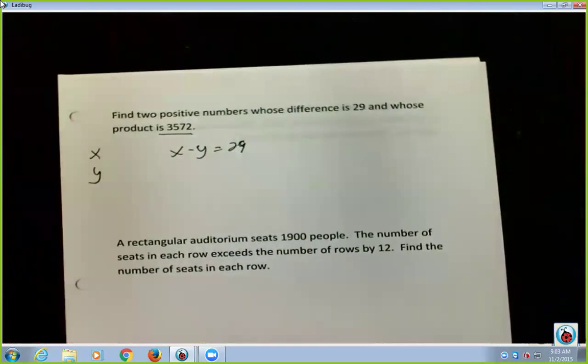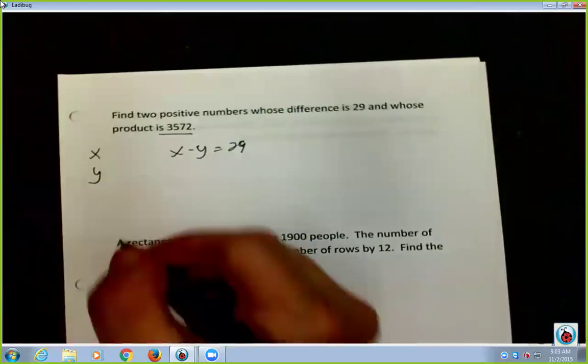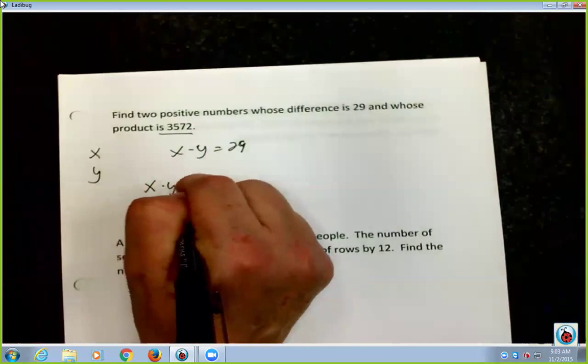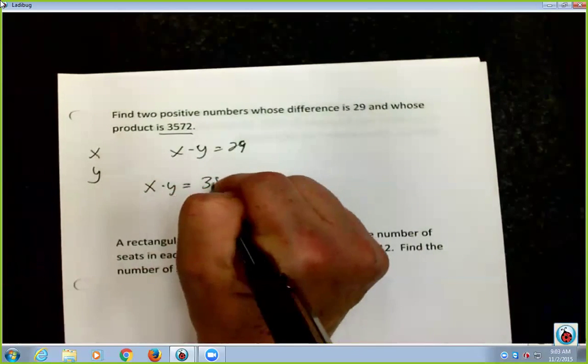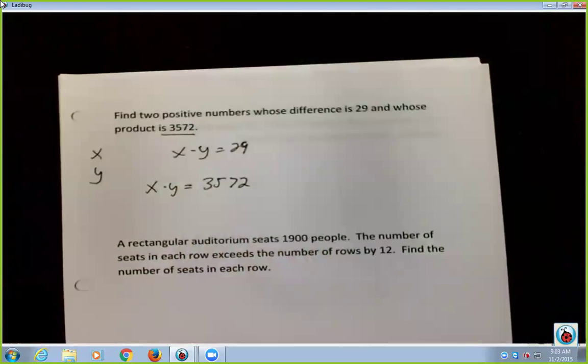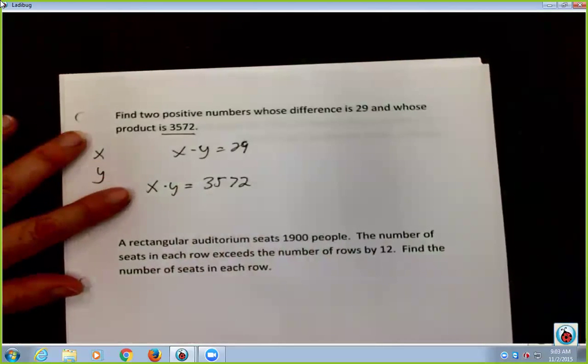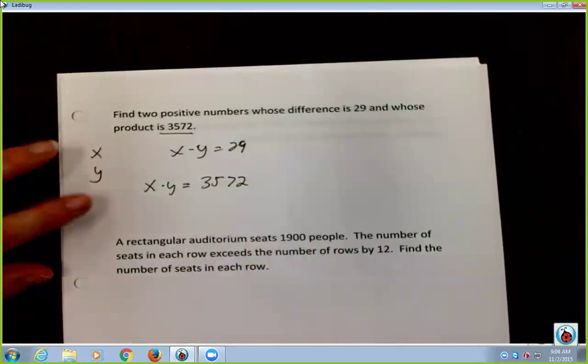So what would I have to do to get a product of those things? So x times y is going to equal 3,572. But I need to have them in terms of which is equal to it. So this is kind of an 8.